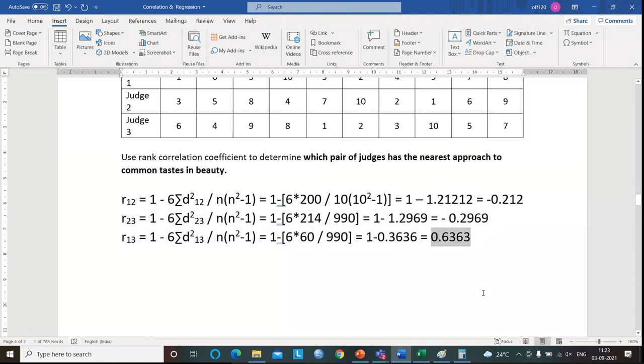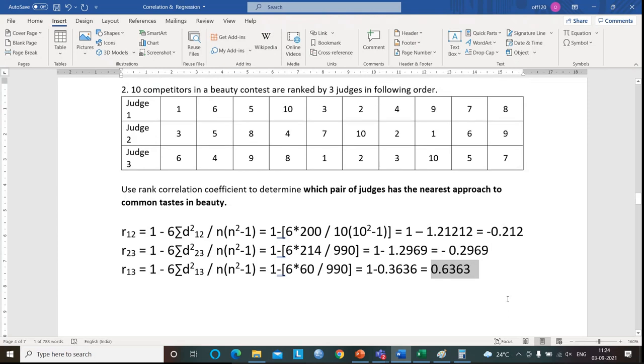If positive values are there, we always select the highest value. If all the values are negative, we take the least negative value, that is minus 0.212. But if we have a combination of positive and negative values, we always consider a positive value. This is how we find out whether there is a relation between two judges or not.